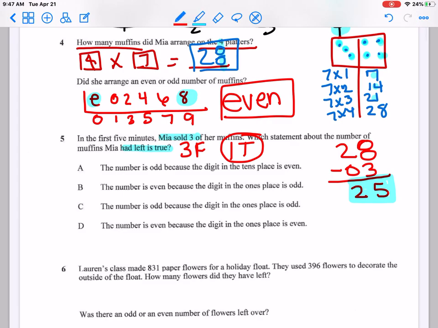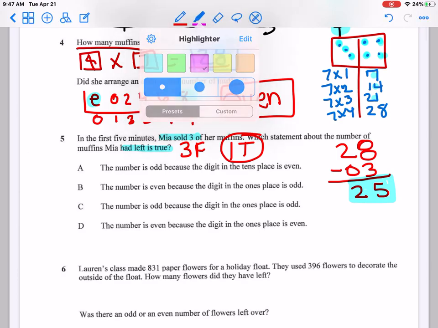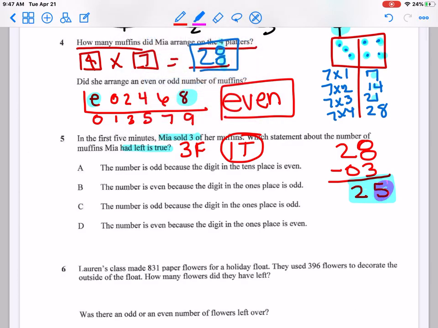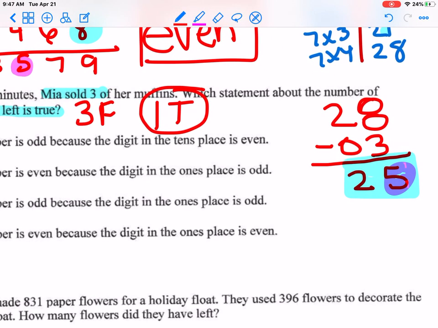I can find out if it's odd or even. So I look at the 5. Let me use a different color of highlighter. I'm going to find the 5 on my Leo, and I know that the number 5 is odd. So I know this number is odd.